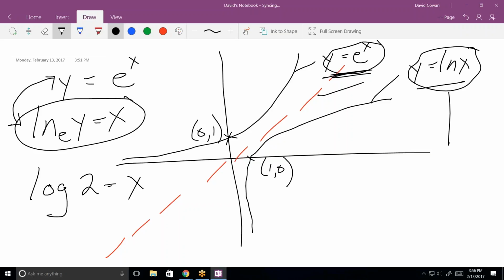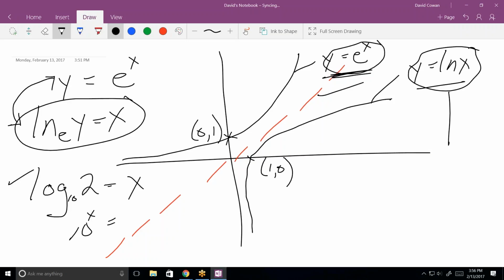I have no clue. Turn it into an exponential. In other words, this is base 10 because it's common log. So how would I solve this? Turn it into an exponential, which would be 10 to the x equals 2.